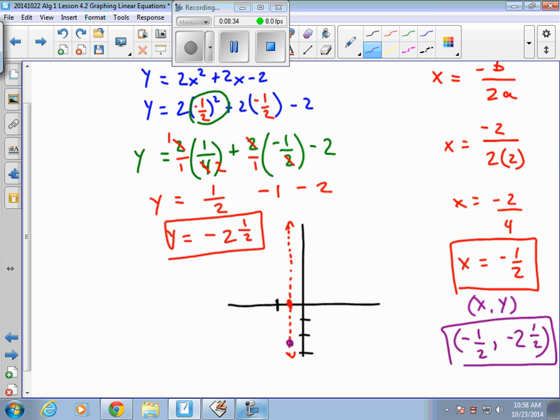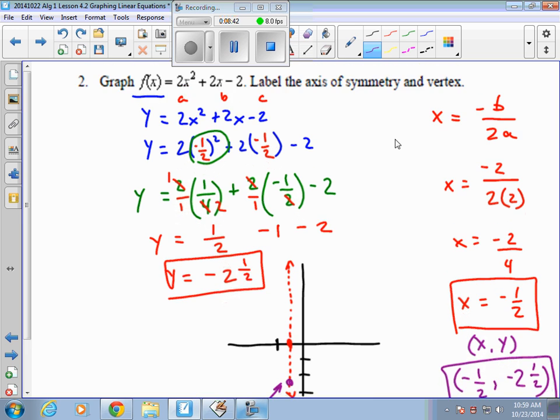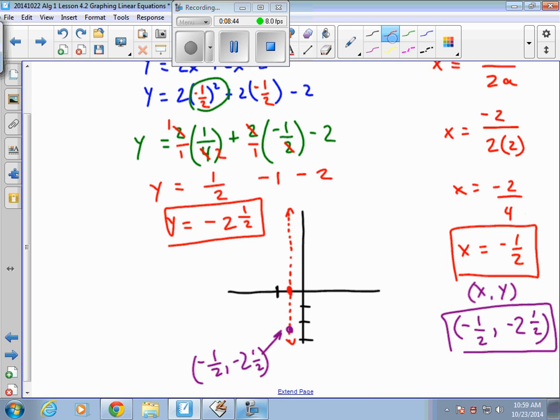It says to label our vertex negative 1/2, negative 2.5, and label our axis of symmetry. The axis of symmetry is the one we found originally. X is equal to negative 1/2. The rest of graphing it is much easier once we have those things.